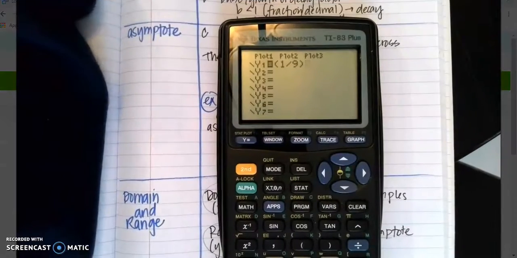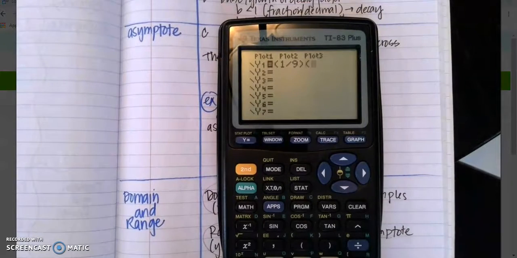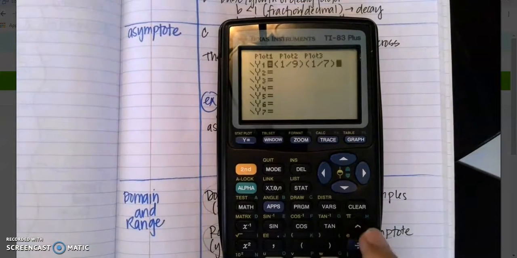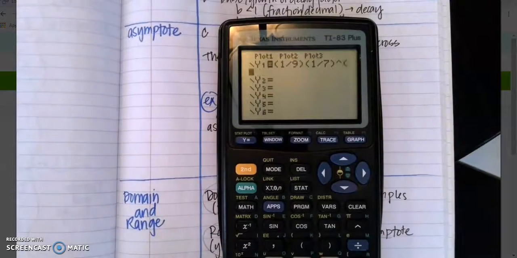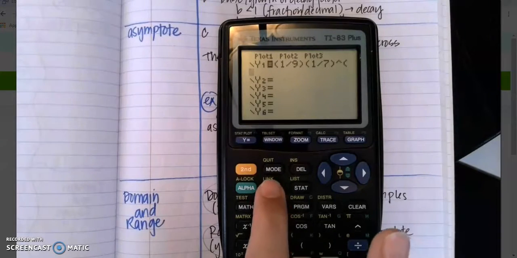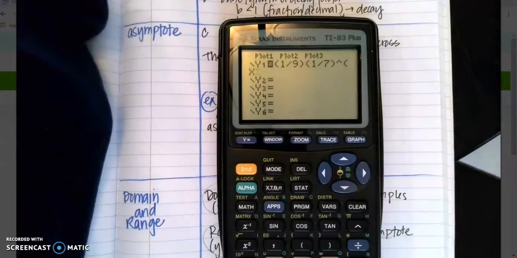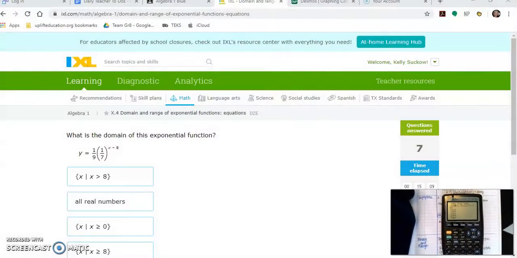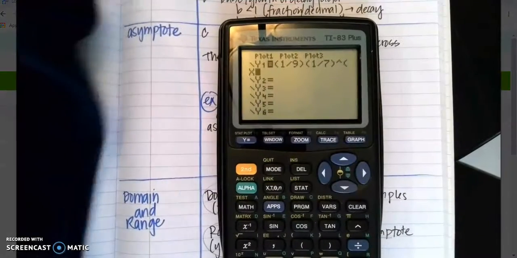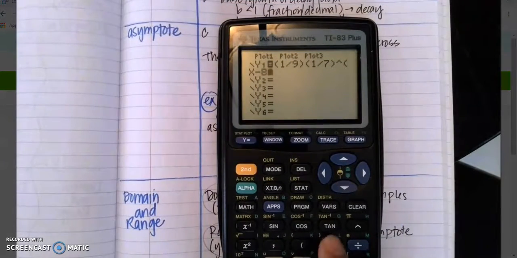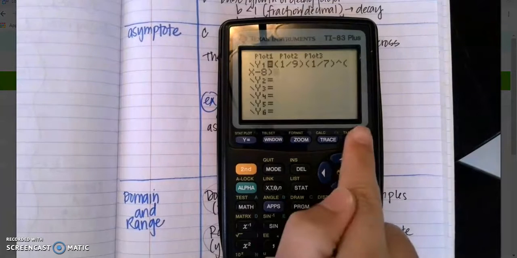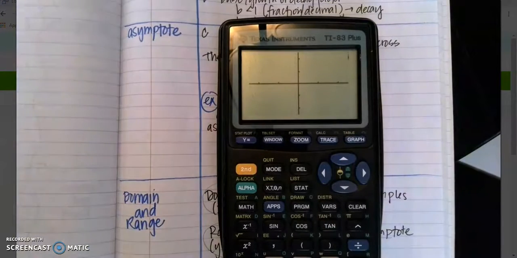Ooh, this is a great one. So again, 1 over 7 in parentheses, to the, in parentheses again, x minus 8. This is a great one. And now push graph. So there are lots of parentheses sets.